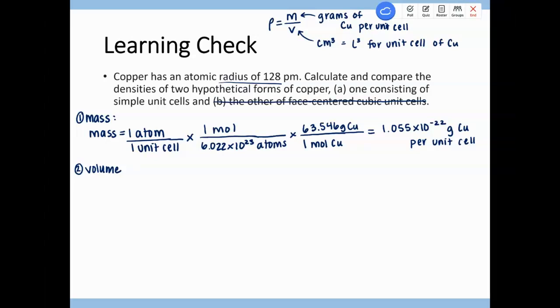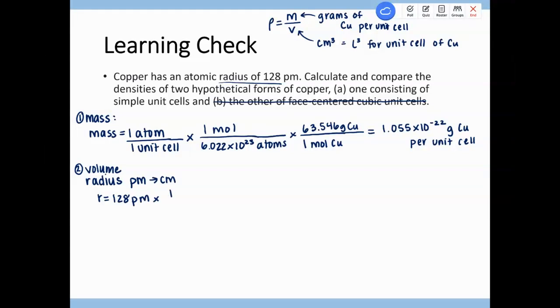So instead of getting our final answer in picometers cubed and then converting to centimeters cubed, I'm going to convert the radius to centimeters now, and then we'll plug that unit, centimeters, into the equation. So first, radius, picometers to centimeters. Radius is 128 picometers.